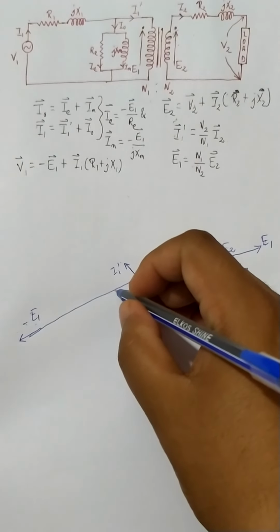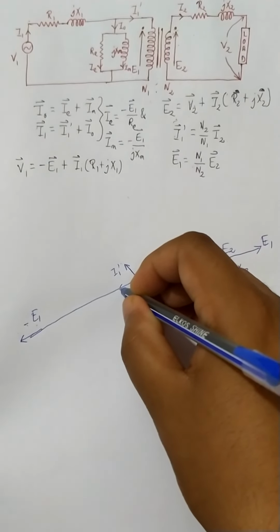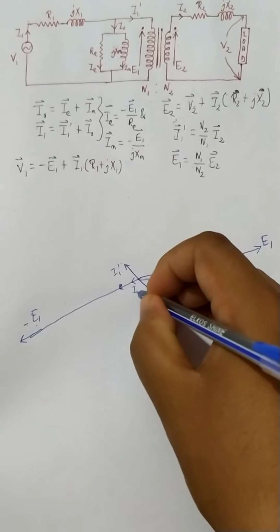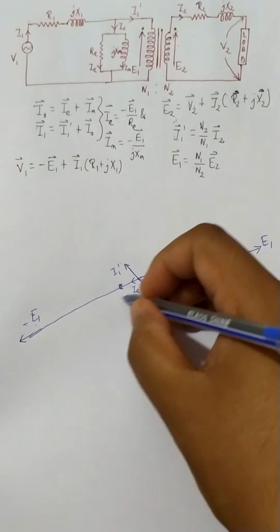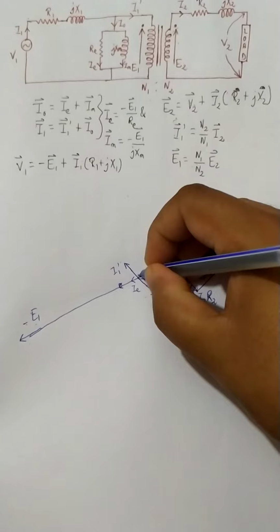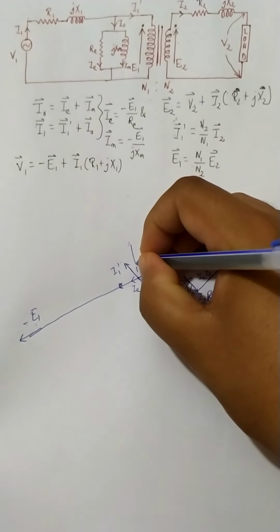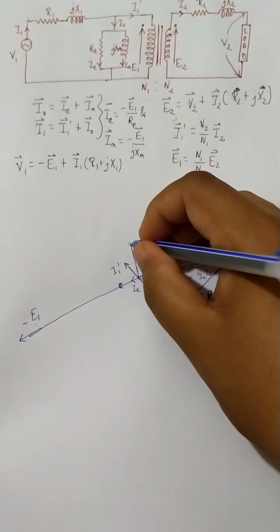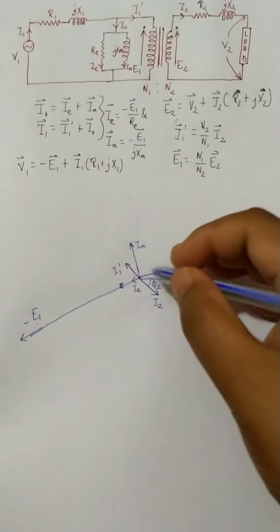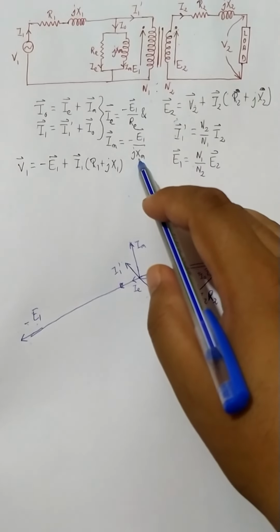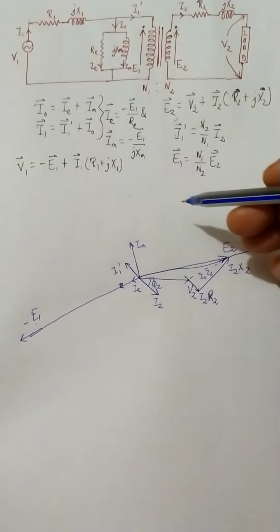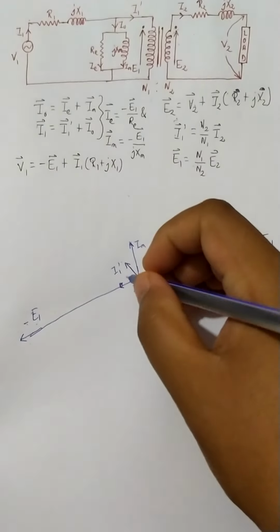Therefore we can say that IE, the current passing through the resistor RE, would be in phase with minus E1, and this magnetizing current would be here, because it would be minus E1 by jXM. In case of an inductor, this current will be lagging the voltage, so IM would be somewhere here.